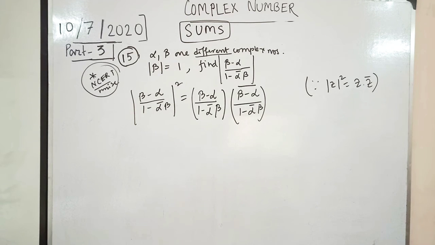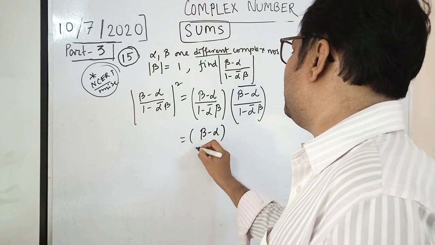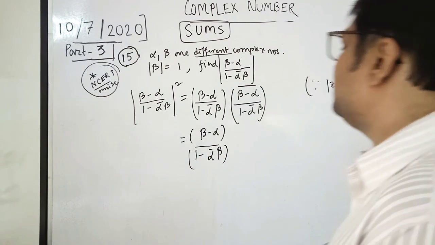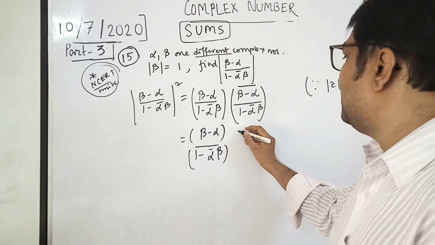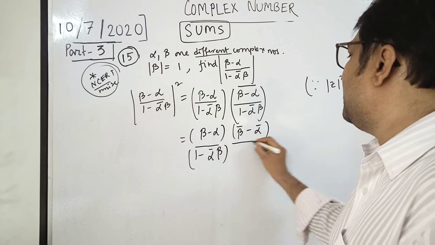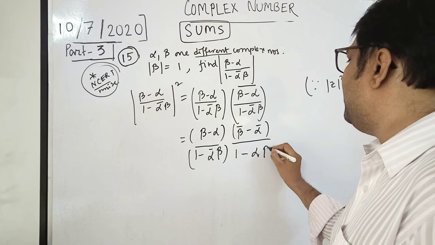Now, if you get this, you can actually multiply these two. Before multiplying, what I do is apply the property once again to it. So I get beta bar minus alpha bar over here, and below I get 1 minus alpha into beta bar.